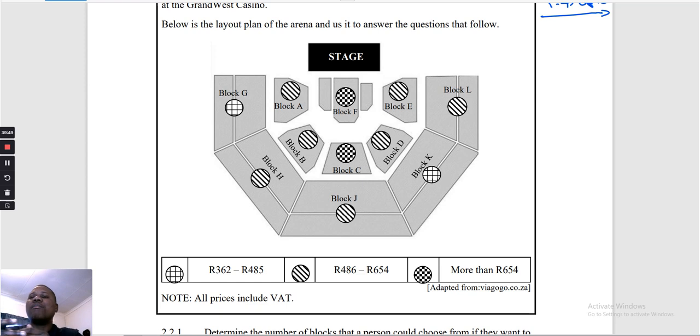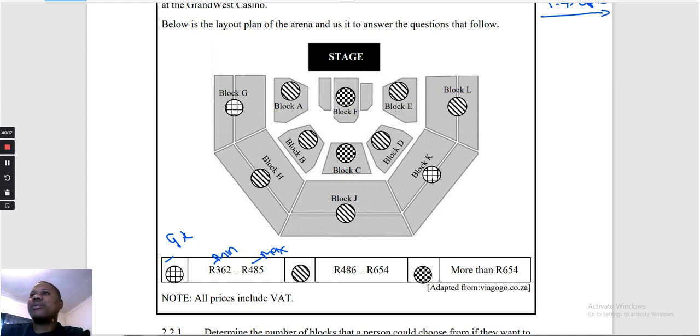But when you move down there, they are telling you how they are pricing. Okay, so if you look at these blocks, which blocks are like this? We have block G, we have also block number K, G and K. These are the prices, meaning that this is the minimum that they can charge, and this is the maximum they can charge.